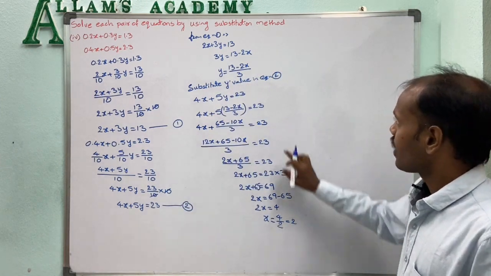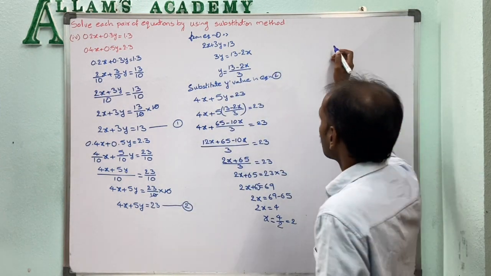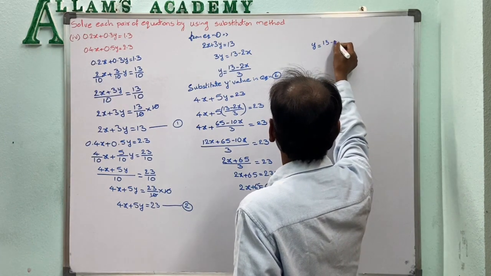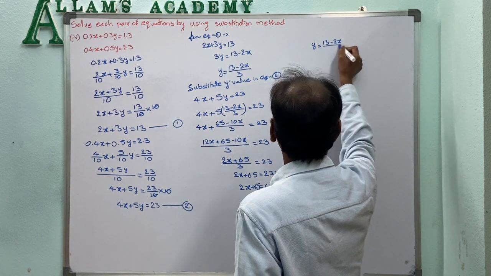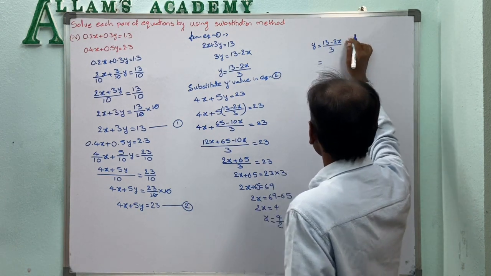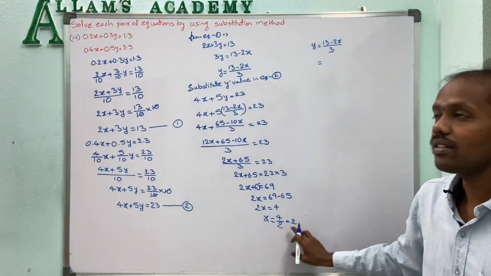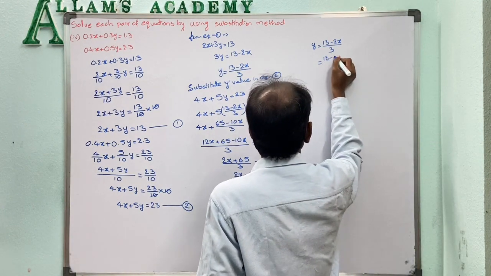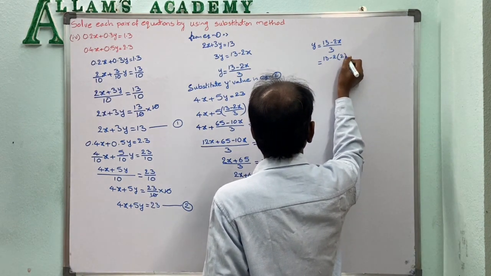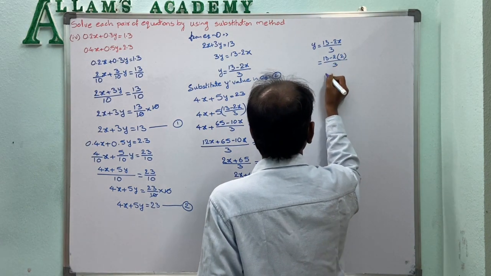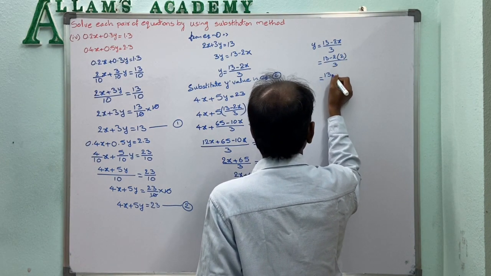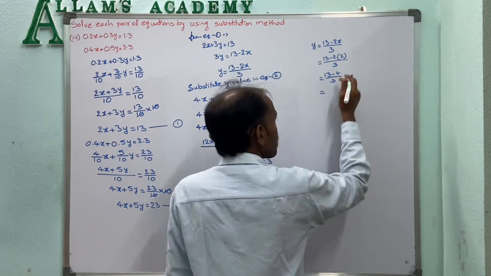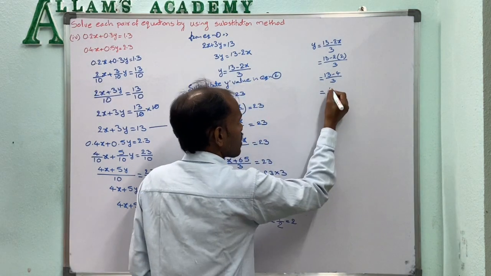Now this x value substituting here. So y equal to 13 minus 2x by 3. Now in the place of x, now we substituting 2. So 13 minus 2 into 2 by 3. So 2 2's are 4. So 13 minus 4 by 3. So 13 minus 4 is nothing but 9.